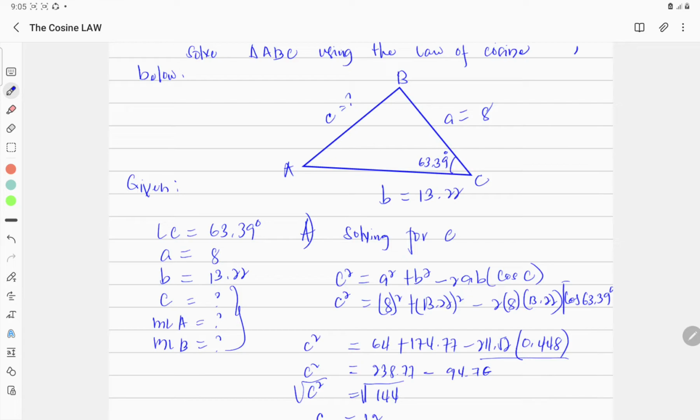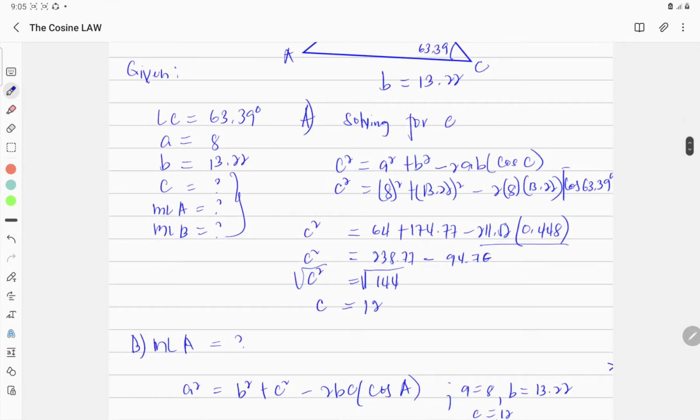That gives the value 0.448. Combining this, you've got 238.77, and multiplying this one, you have also 94.76.